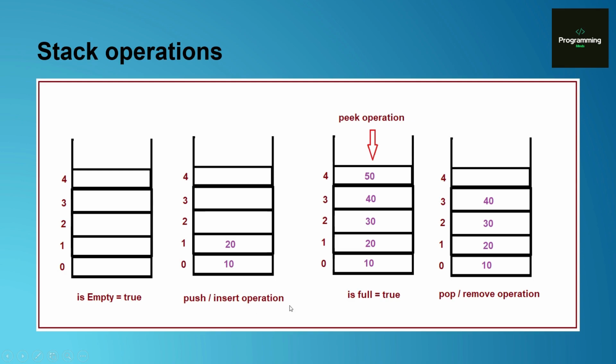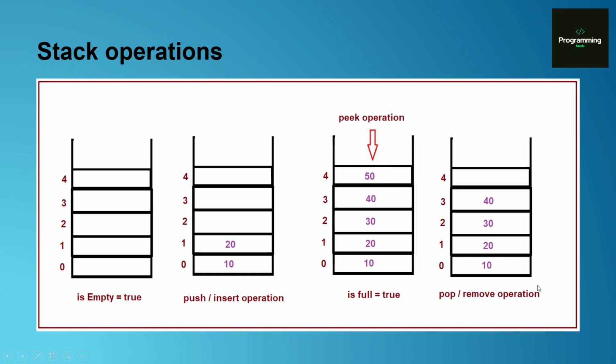This is the is full operation, which I have mentioned as true because we have a limit of 5 elements in that stack, and we have added 5 elements. The last element is at the 4th index and it is 50, and we can perform the peek operation here also, and we can check the element at the top by using the peek operation. So this stack is full now.